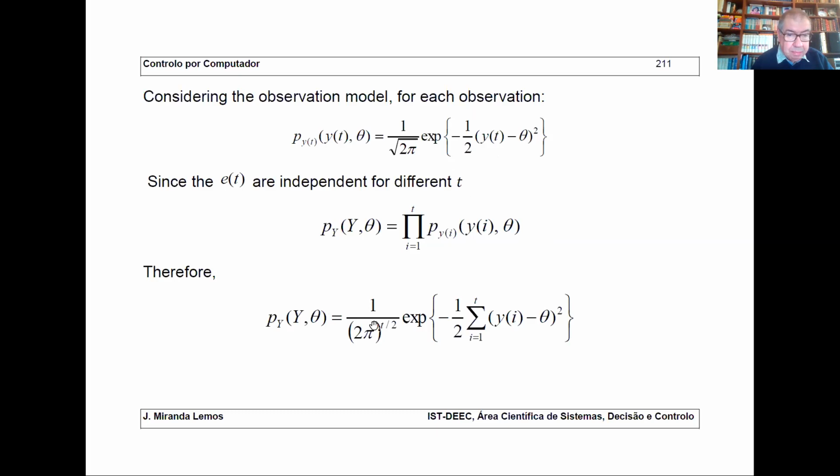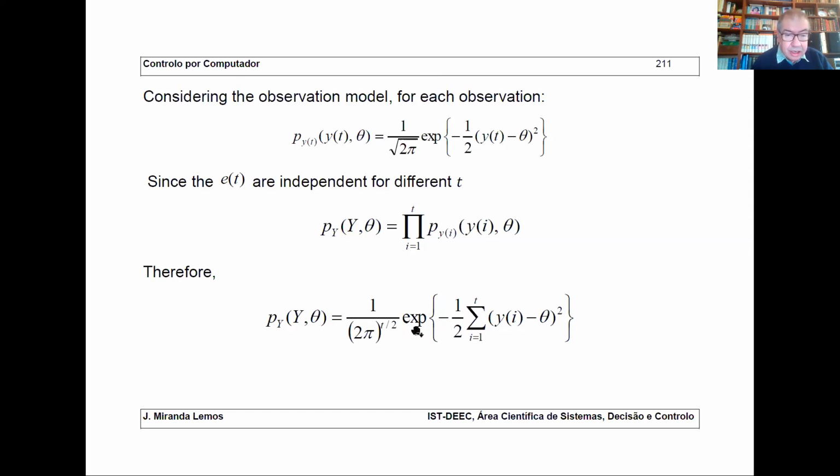So by plugging this into this second formula, I get the formula in this last line. Okay, so I'm multiplying many terms of this type with y replaced by y_i. And remember that now these y_i are given numbers, they are your observations.